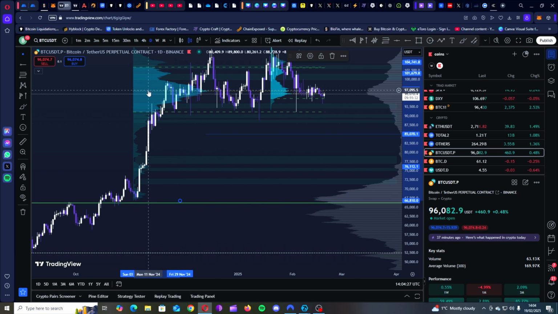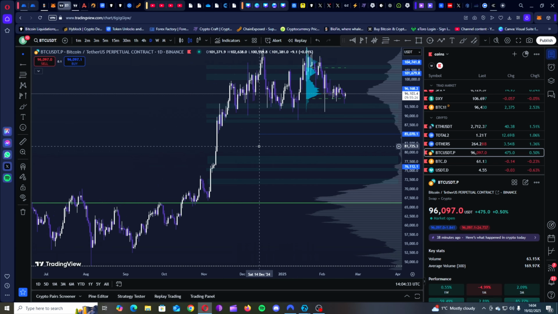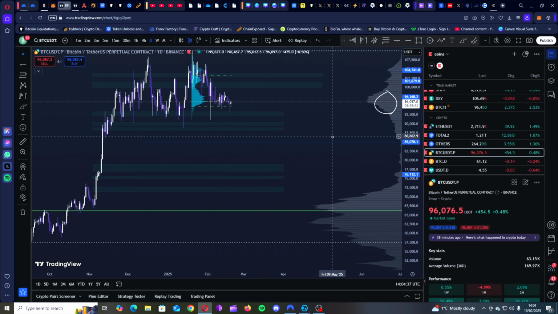Point of control's up above there in that zone. So this is what you want to be looking at. But if we do come down into here, tag that zone, we probably do have another point of control here.